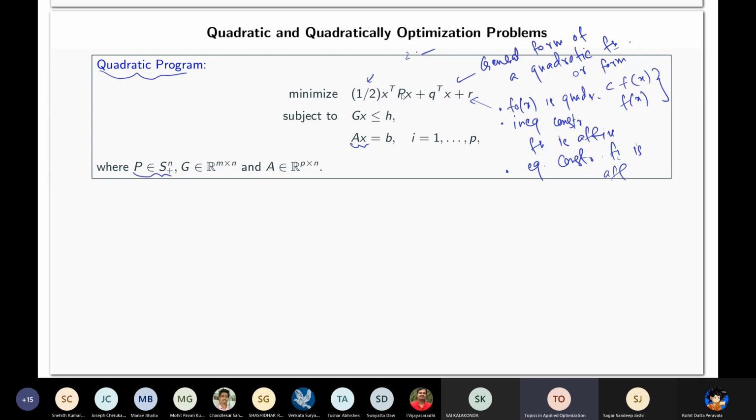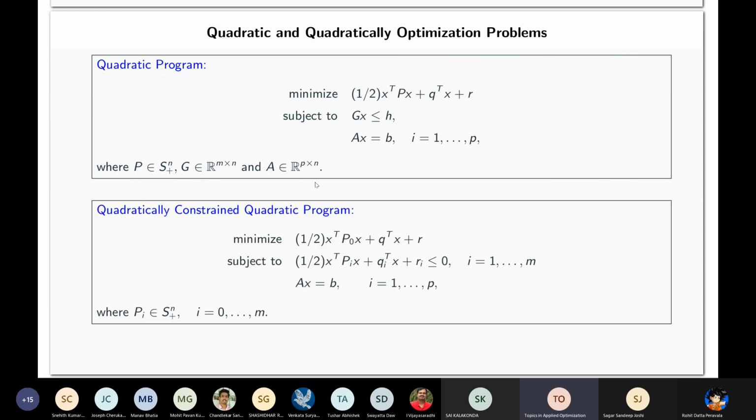So in a standard quadratic program, we maintain that P is symmetric, positive semi-definite. That's an additional restriction. S stands for symmetric and plus for semi-definite. And G is a matrix, obviously, M by N, and A is a matrix, P by N. So these are the things you have to remember.